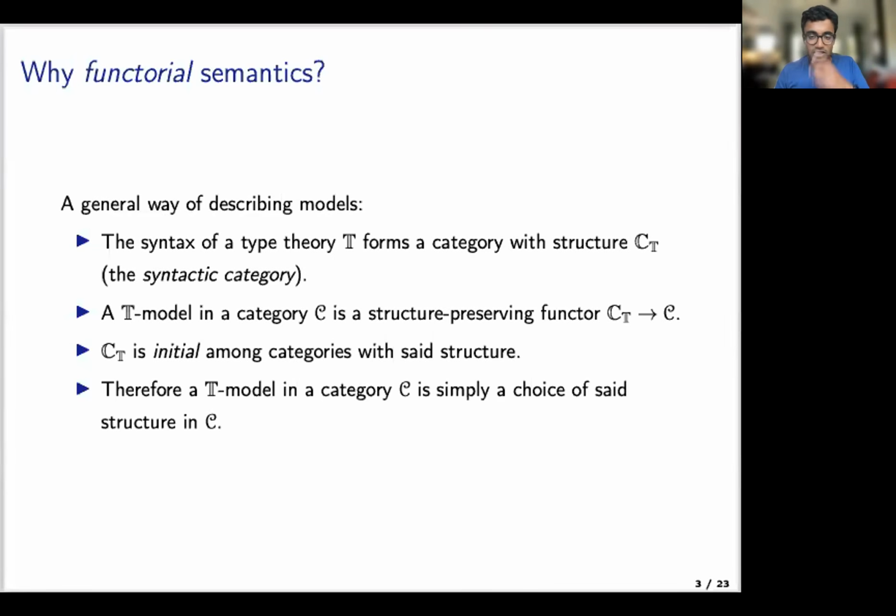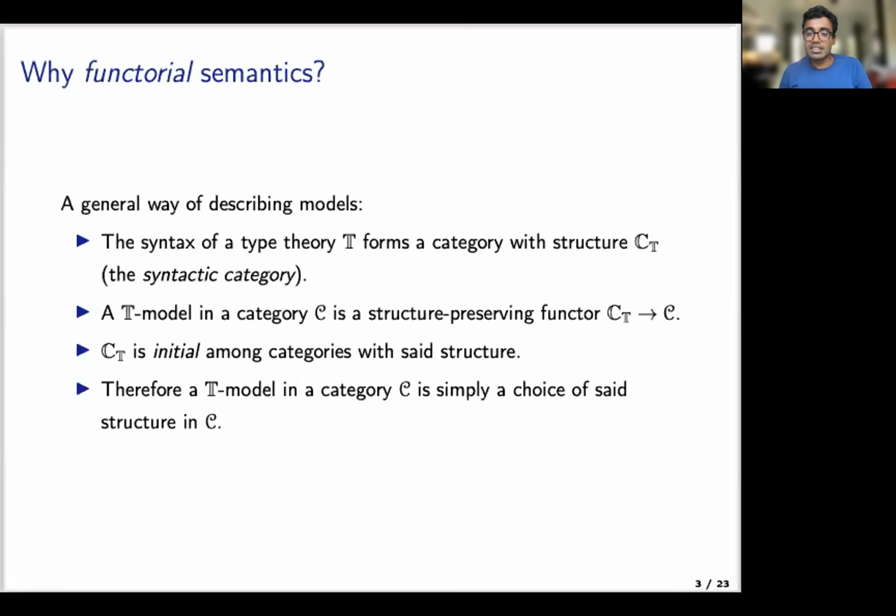So let's say we're talking about some kind of type theory. The way functorial semantics works is that the first observation to make is that the syntax of our theory forms a category. So there is some category that we can associate to the syntax, called, not surprisingly, the syntactic category.